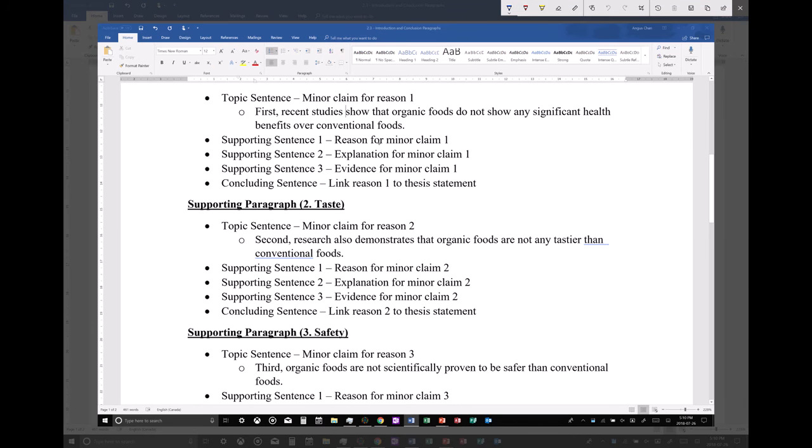So now you have a separate reason for this claim, and then you explain how this reason supports your claim and use a piece of evidence to support your explanation. And then after you've done all that, you can link your reason back to the thesis statement. So maybe your reason is, it does not.